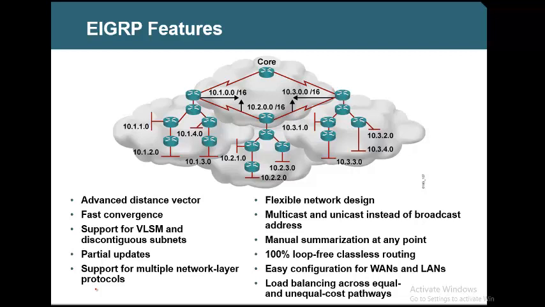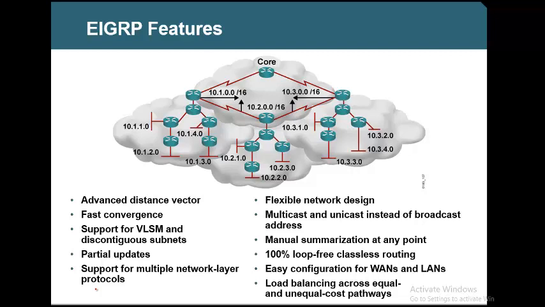Whereas in EIGRP, only the changes that are happening here and there are sent. Only those changes are sent, not the complete routing table. As a result, the processor utilization, the bandwidth utilization is going to be less.